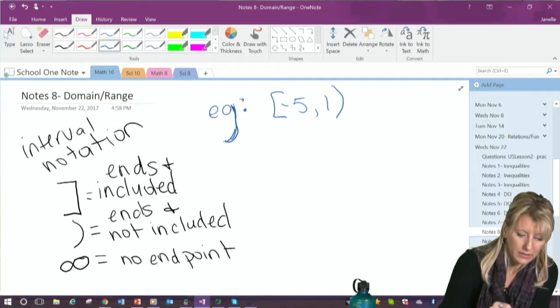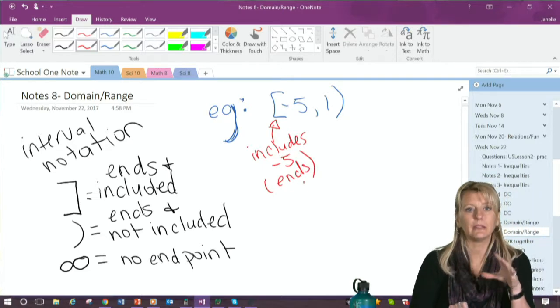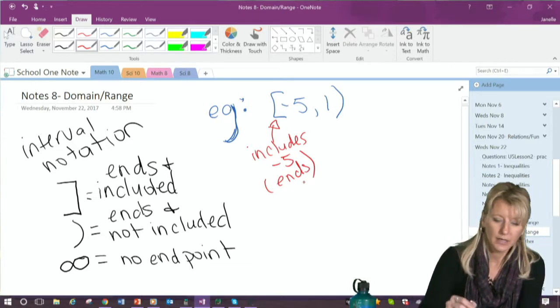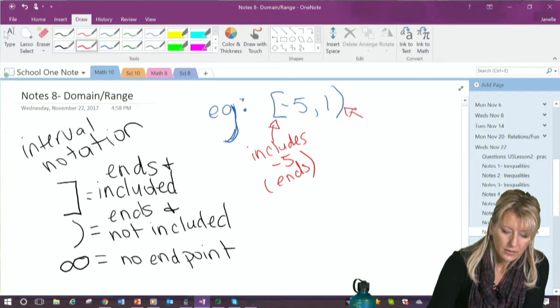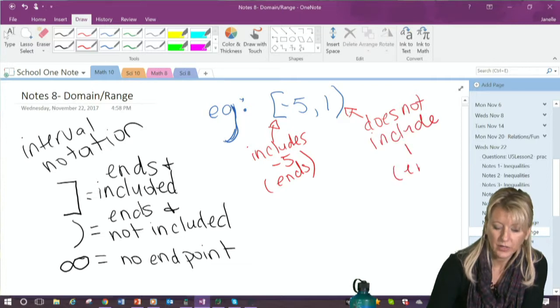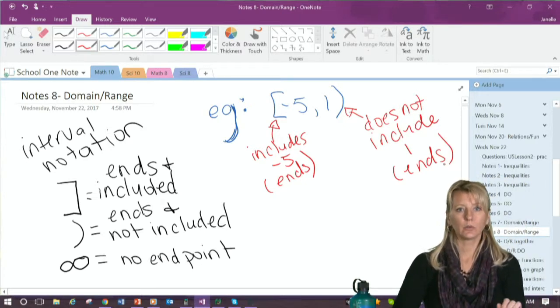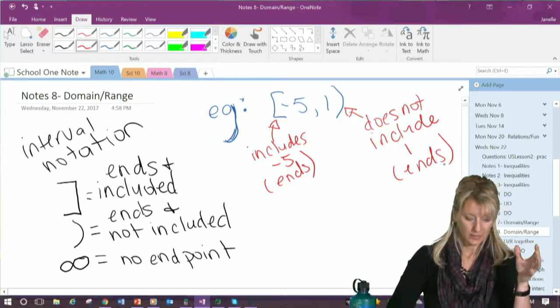And so what this means, I'm just going to show you, this means it includes -5, and that's where it ends, is at -5, and it means it includes it. Okay? This means that it does not include 1, and this is where it ends as well.